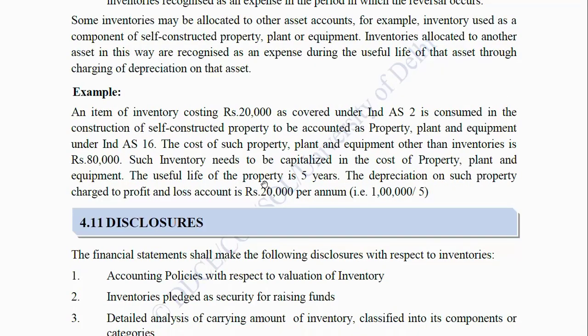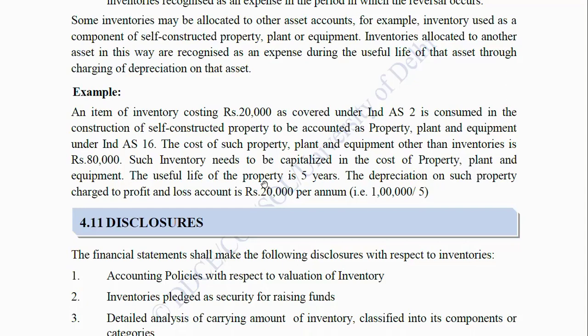Example, an item of inventory costing rupees 20,000 as covered under Ind AS 2 is consumed in the construction of self-constructed property to be accounted as property, plant and equipment under Ind AS 16. The cost of such property, plant and equipment other than inventories is rupees 80,000.